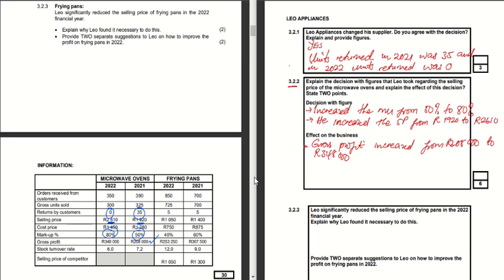Then you can also show that it has been increased by the difference, which is 690. Now, what is the effect of this increase?